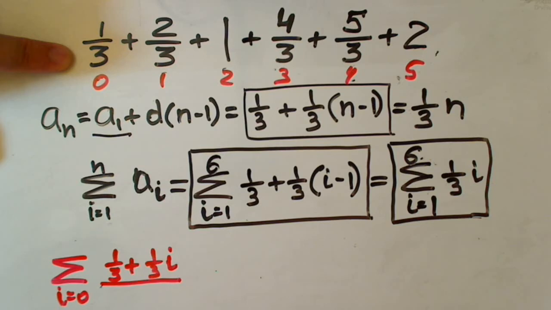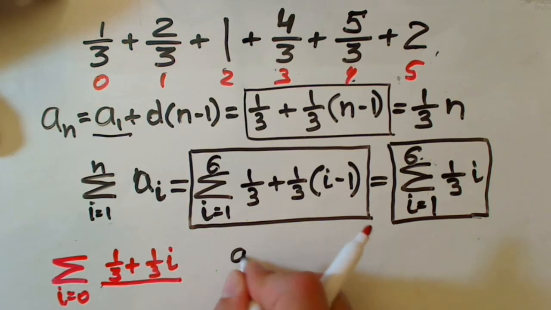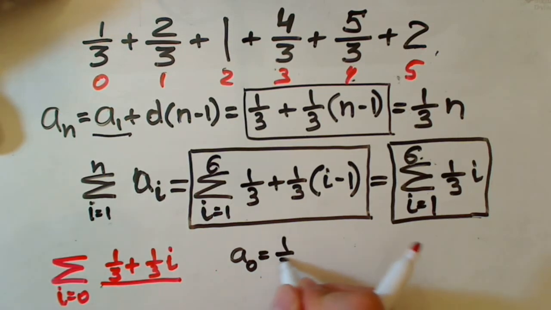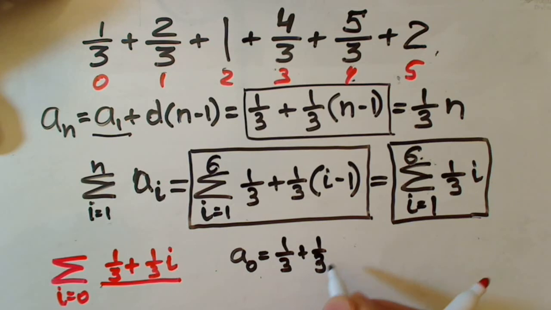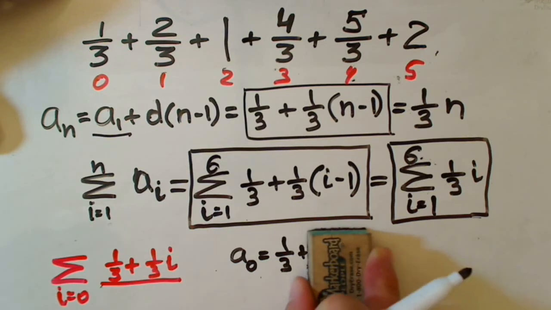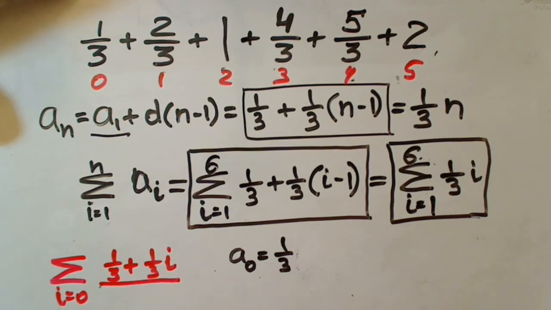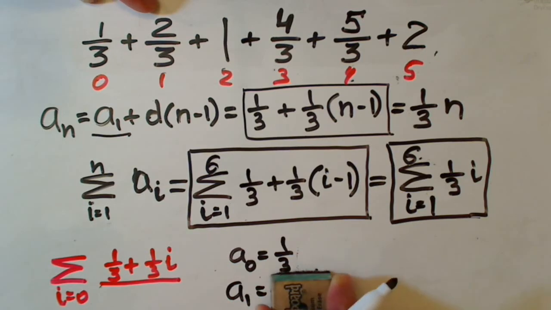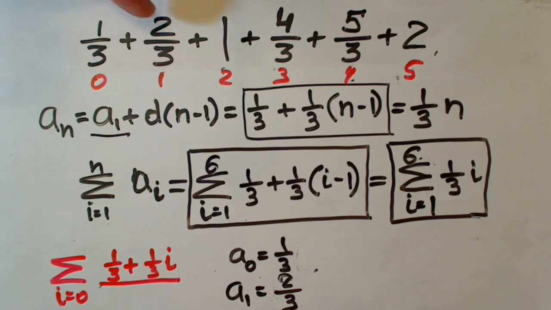If we plug in 0, we have 1/3 plus 1/3 times 0, and this cancels, leaving just 1/3. The next term: a1 equals 1/3 plus 1/3 times 1, which is just 2/3, which is true, as you can see here.